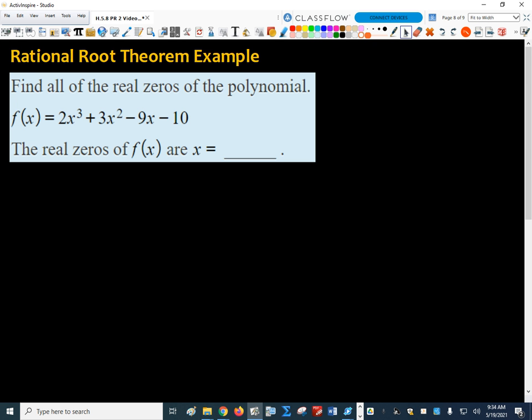We're going to get factors of 10 over factors of 2. Okay, so the factors of 2 in the denominator are either 1 or 2, right? So if the denominator is 1, what values would I get then? Factors of 10 divided by 1 would be what? So 1, negative 1, 2.